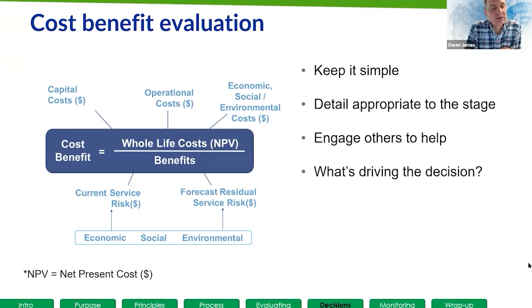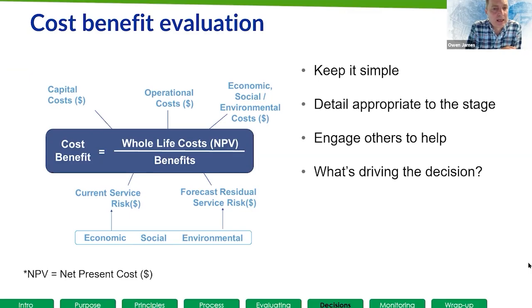And then on the benefit side, how are we reducing risks? If we understand the current risk or lost opportunities, how are we reducing risks or realizing those lost opportunities in the future? Again, we need that economic, social, and environmental consideration there.